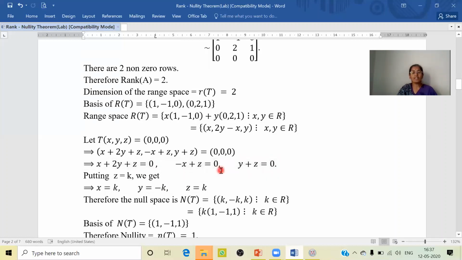On solving these three equations, we get x = k, y = -k, z = k.